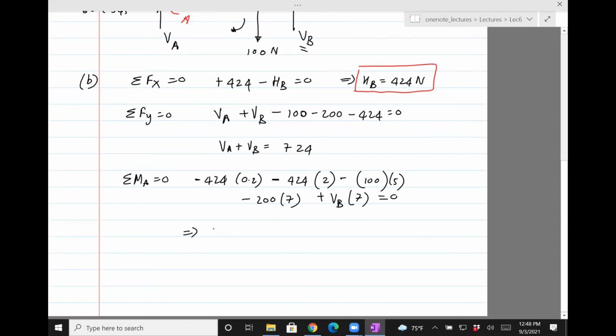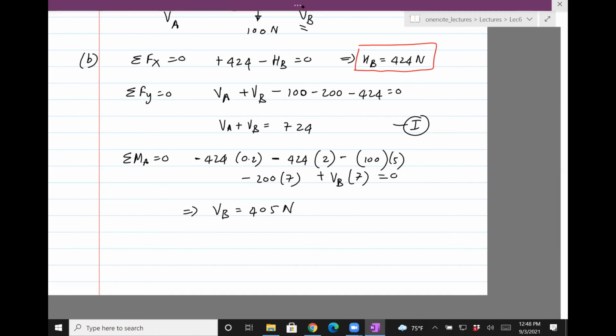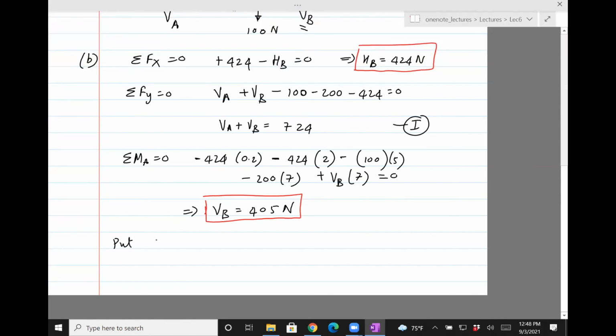Solving for VB gives us 405 newtons. What we can do now is put VB equals 405 in equation 1, which gives VA as 319 newtons.